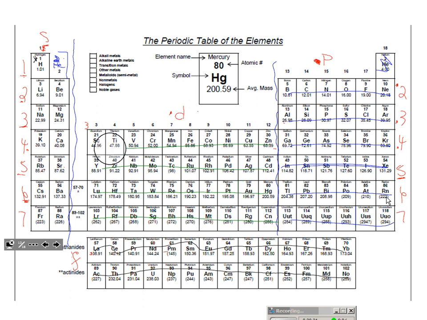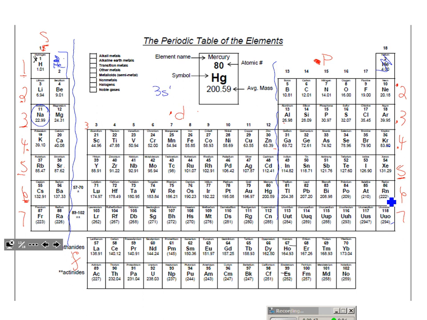So again, we always have to start at electron number 1, and we stop when we get to, for sodium, electron number 11. So if we look at that, the electron configuration for sodium is going to end right here. It's going to end in 3s1.